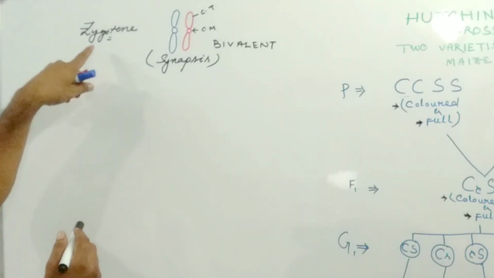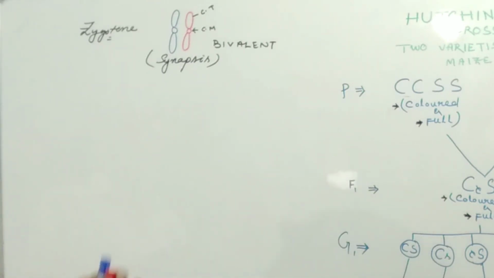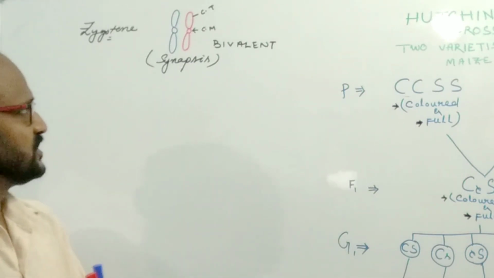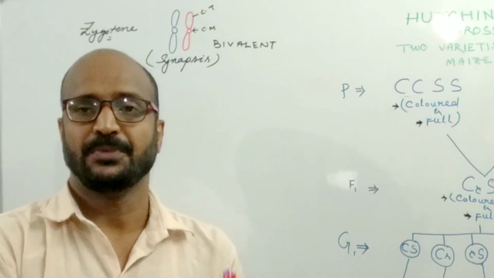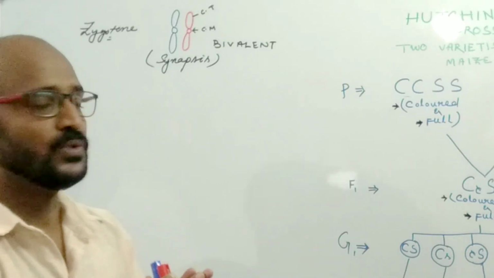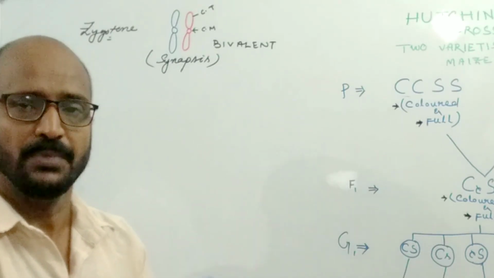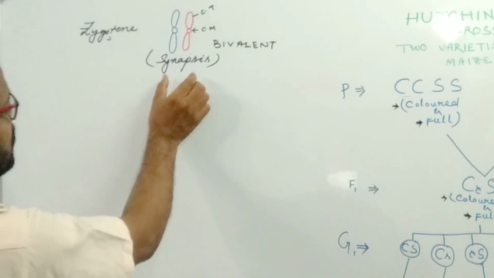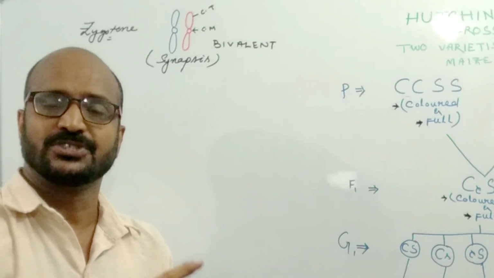In the zygotene phase, there is pairing of homologous chromosomes, known as synapsis. Synapsis is followed by the formation of an organized filamentous structure known as the synaptonemal complex, which helps in the process of synapsis as well as in the formation of chiasma.